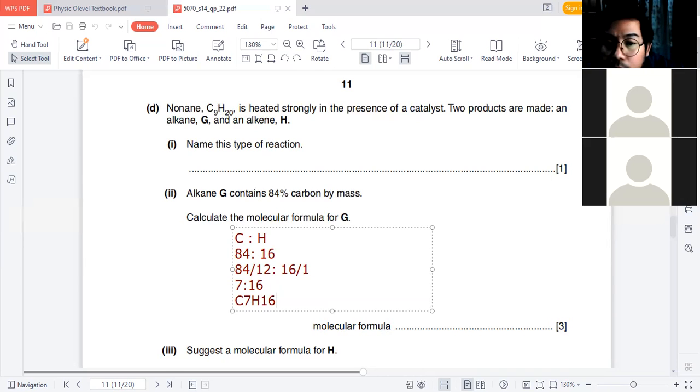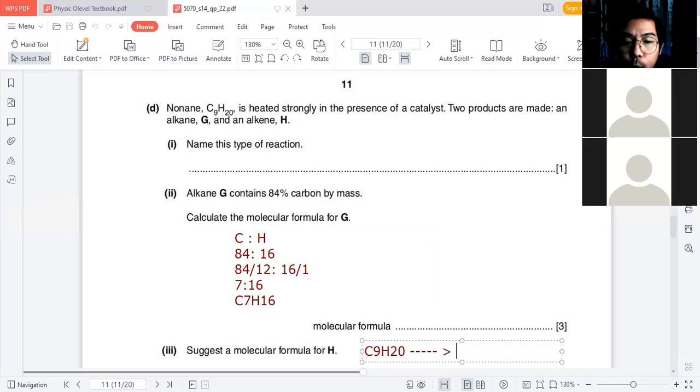So was it good? Yes. Now the formula of H, this is easy. You started with C9H20. Now you crack it off to form one of them, which is C7H16.